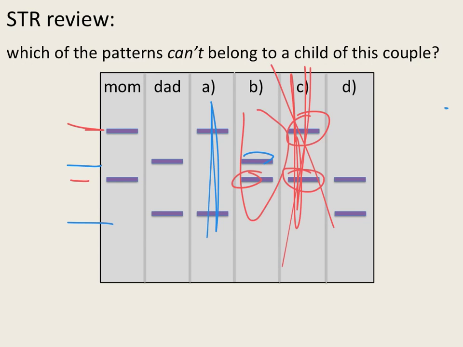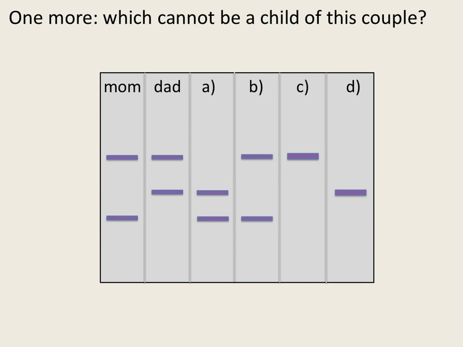And then this can be mom and dad. Which cannot be the child of this couple? C?